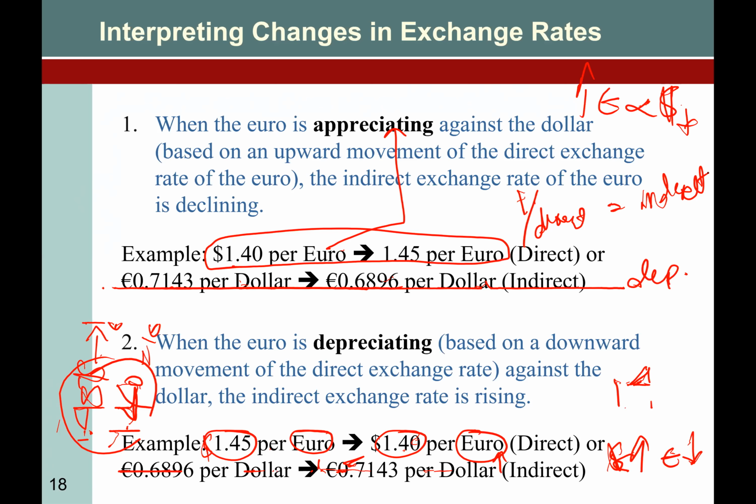So I would suggest you confirm your concept based on just one system. If you are comfortable understanding direct quotation, then focus all the concept on direct quotation, and then you will find the indirect quotation by dividing 1 by your answer. That's it, right? So don't get confused.